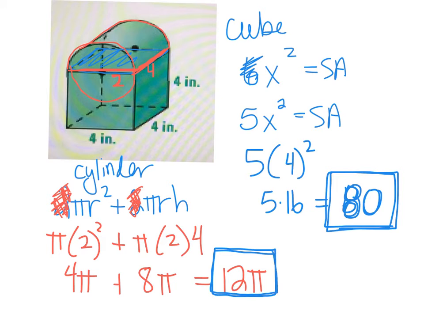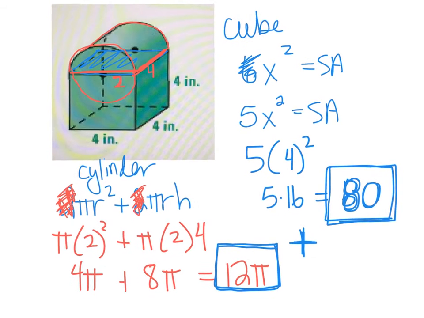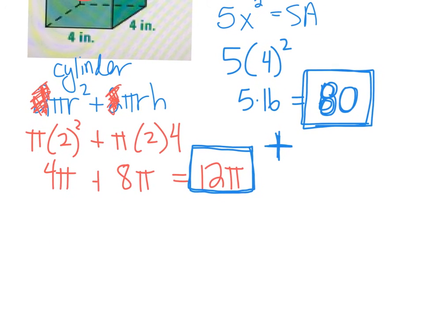Now we add these together, and we can only add them together in your calculator because this thing has pi and that thing does not. You can't add something that has pi to something that doesn't have pi.